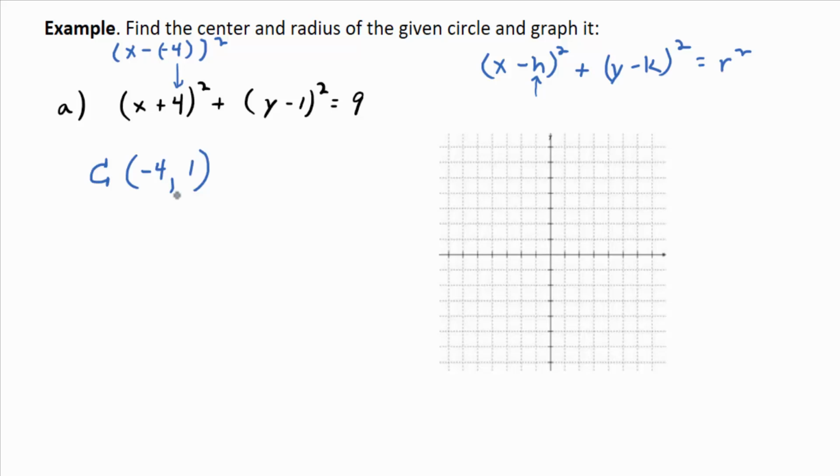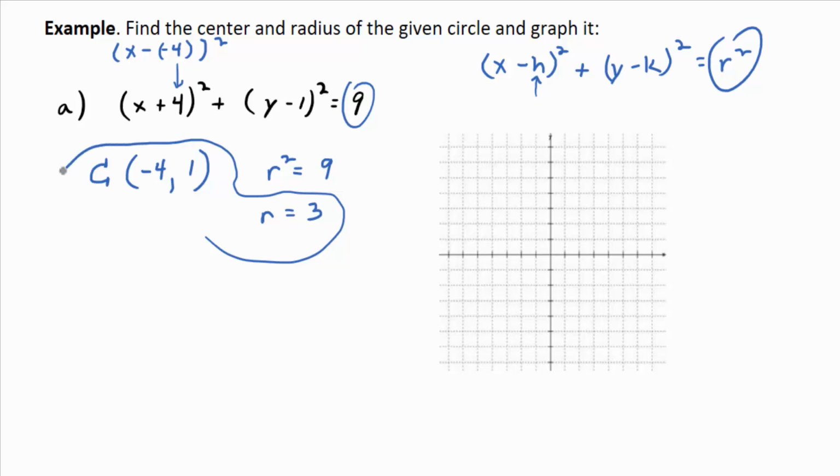So negative 4, 1 is the center, and then what's the radius? Not 9, but 3. So r squared is 9. Remember, that's r squared on the right side, but you have to take the square root to get the radius. So we've got a center negative 4, 1, and a radius 3.